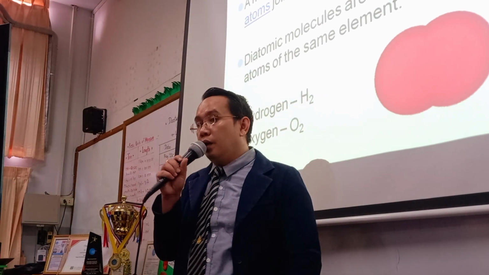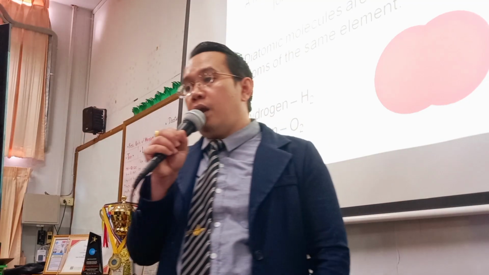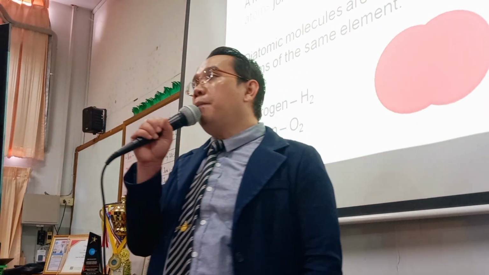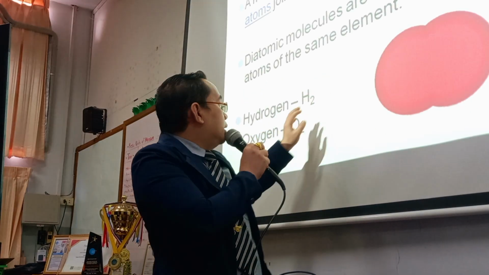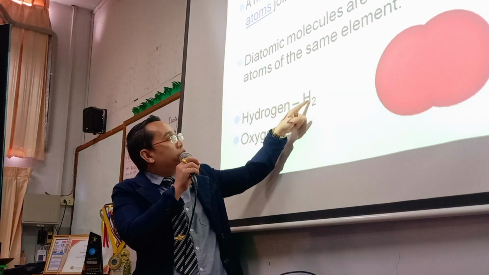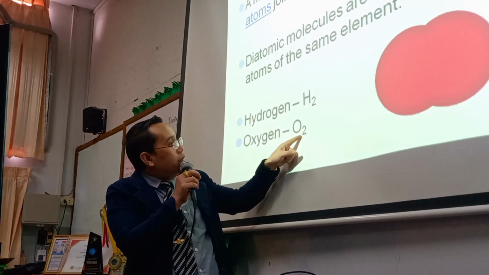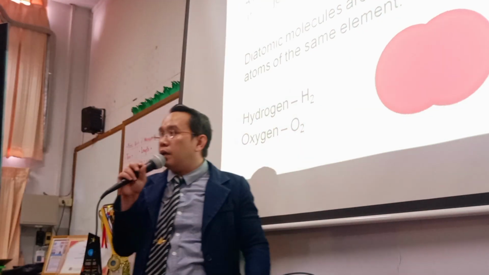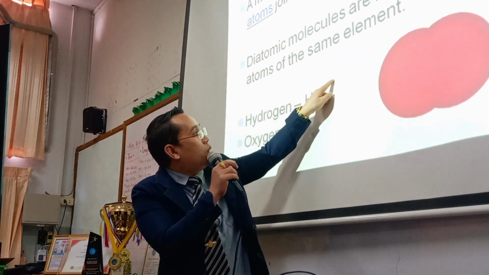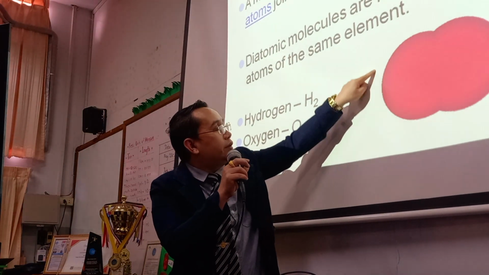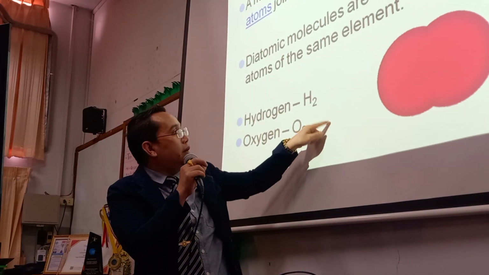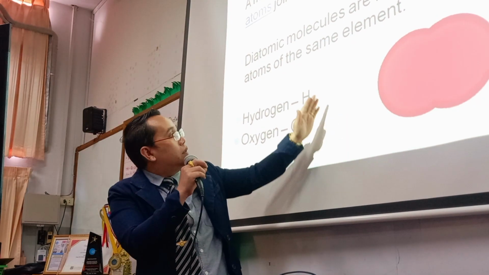You understand? Okay. Diatomic molecules are made of 2 atoms of the same element. When you talk about diatomic, it means 2 atoms of hydrogen, for example, and 2 atoms of oxygen, for example. That is why we call it diatomic. We can bond one H with another H. We can also bond oxygen with oxygen.